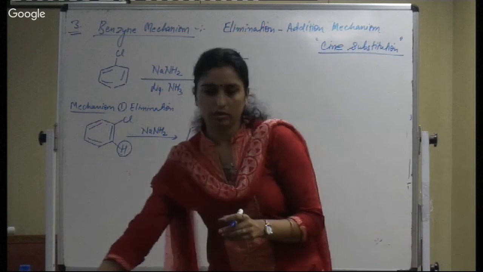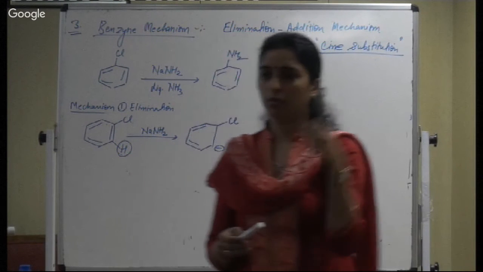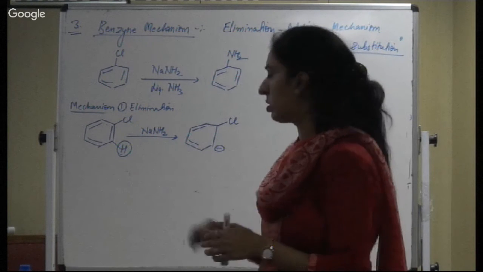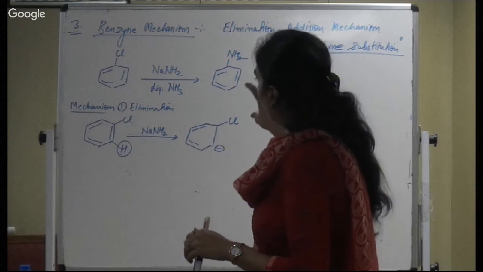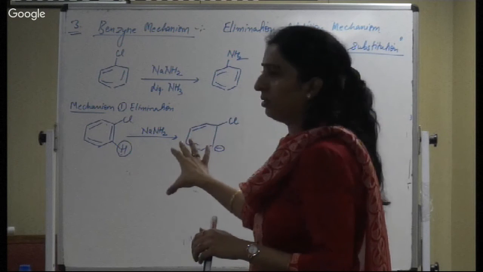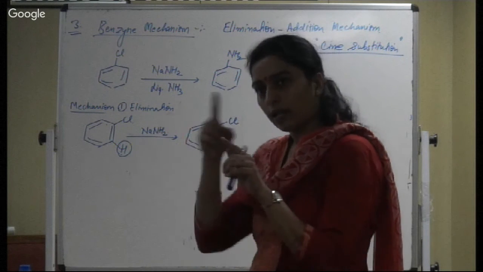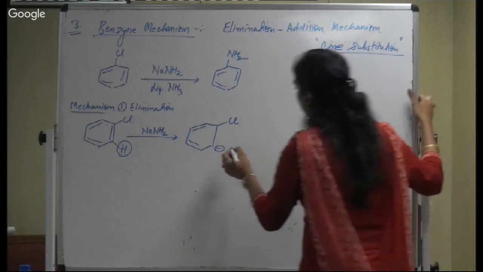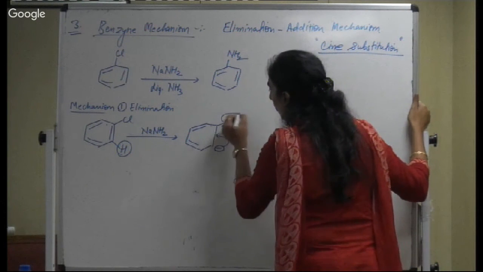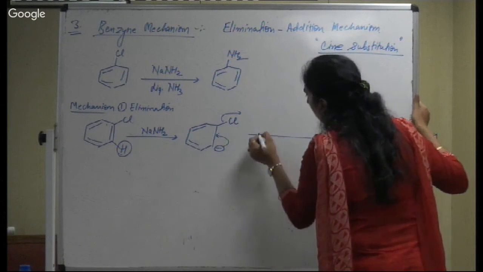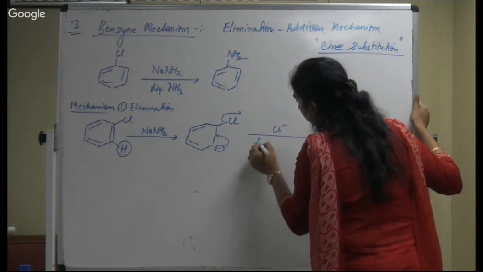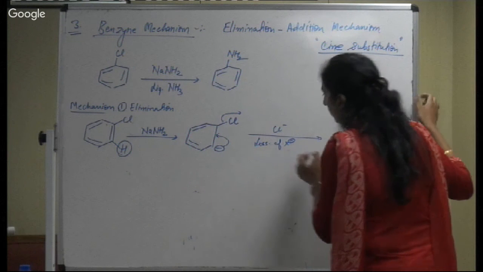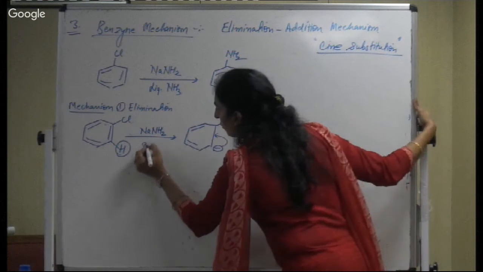I'll tell you how we got this, that first a proton is lost, then halide is lost. Initially, NaNH2 will abstract that H plus and an anion is generated. That anion is followed by loss of halide ion. This was abstraction of proton.